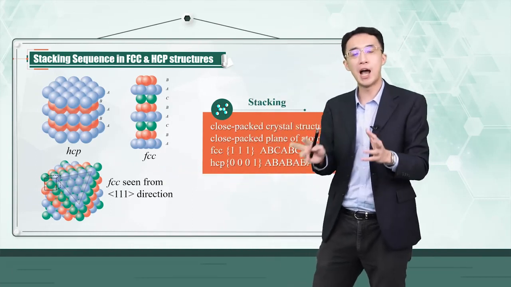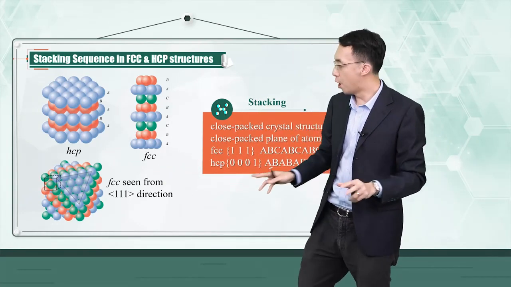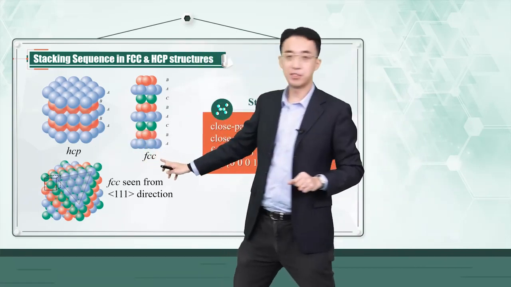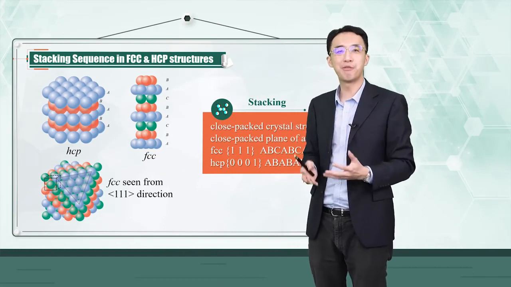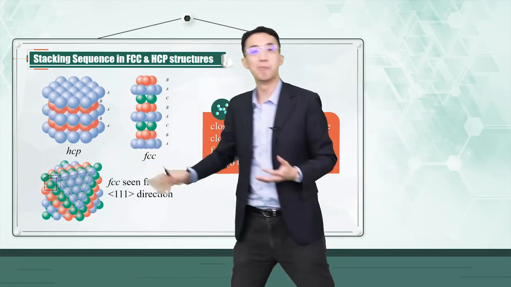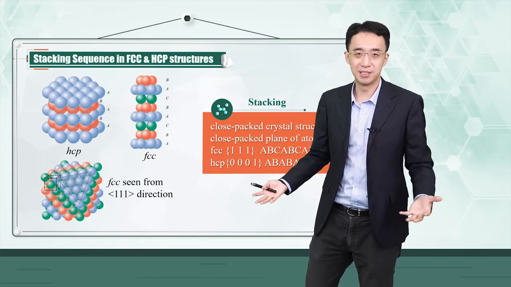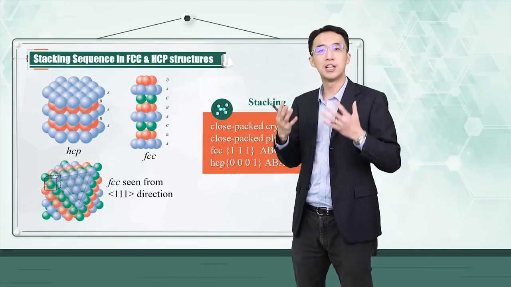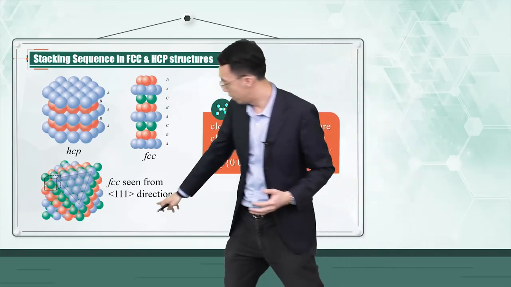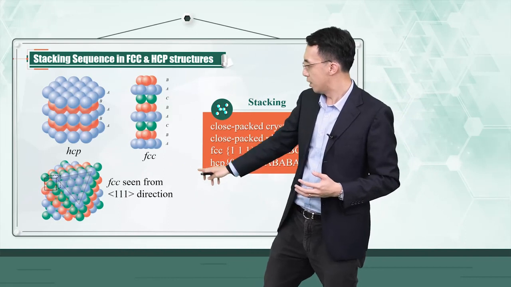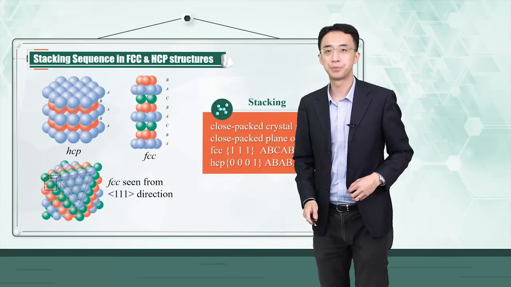So essentially you will have two most closely packed structures, HCP and FCC. And now you understand why your atomic packing factor for these two structures is both 74%. So essentially they are equivalently closely packed structures. And here I just show an example of an FCC structure seen from the [111] direction.